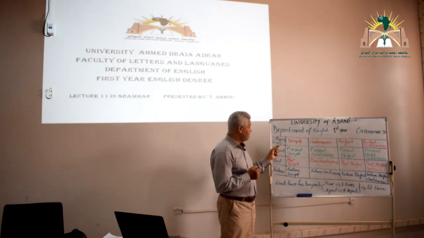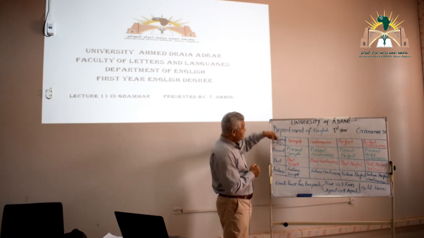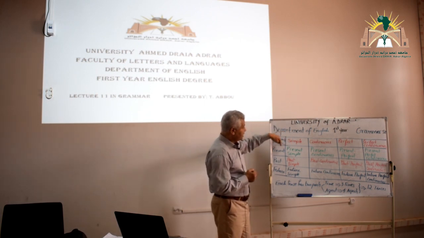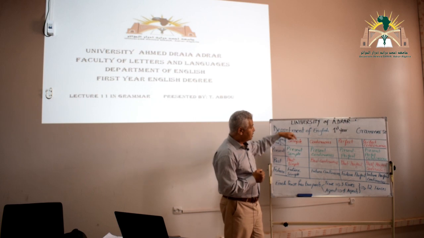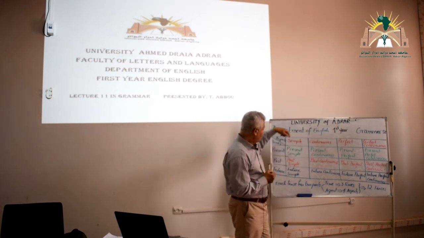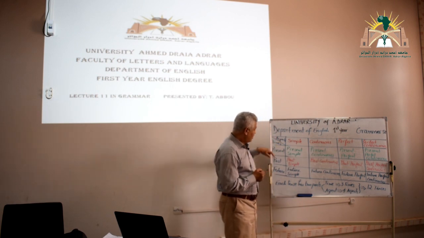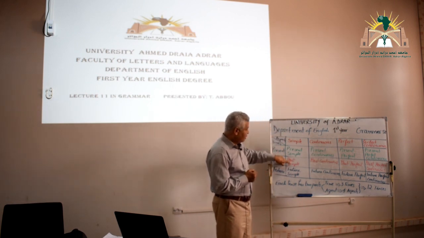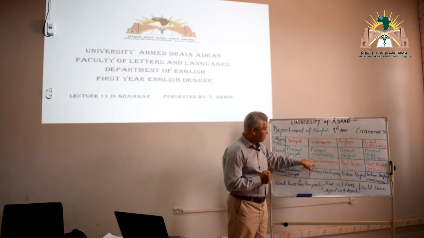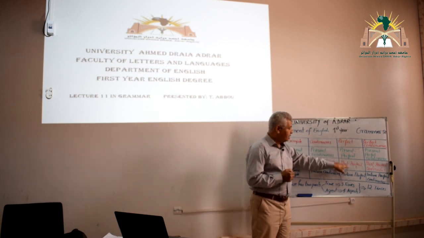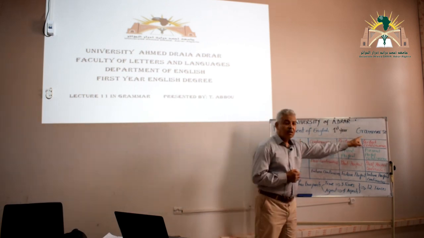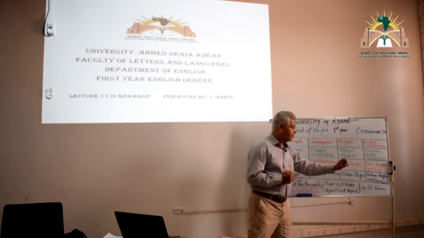When combining the 3 times and the 4 aspects, we get the 12 tenses, which are present simple, present continuous, present perfect, present perfect continuous, past simple, past continuous, past perfect, and past perfect continuous.